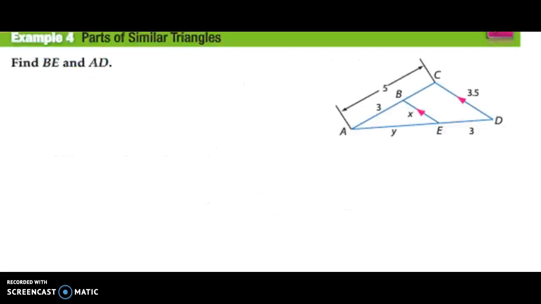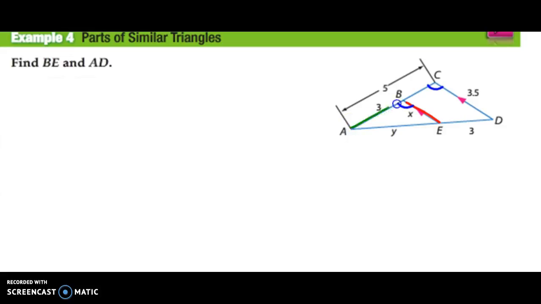So let's look right here at example 4. Example 4 says they want us to find BE. Okay, well, the similar triangles, you'll see that angle C is the same in both this triangle and the big triangle, and angle B is the same as angle E right here because those are parallel lines.